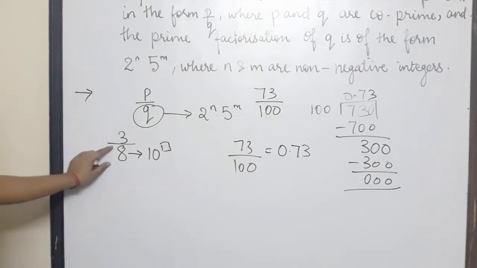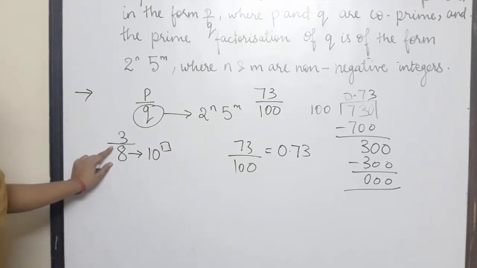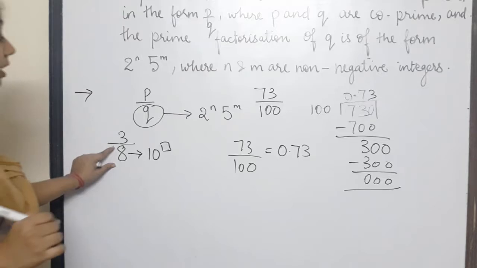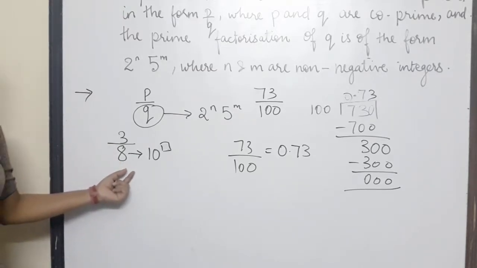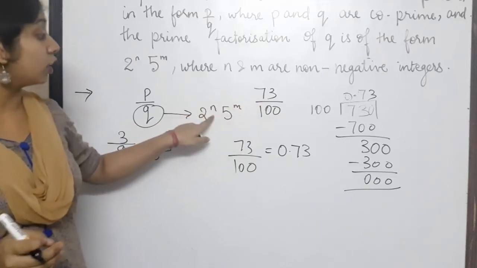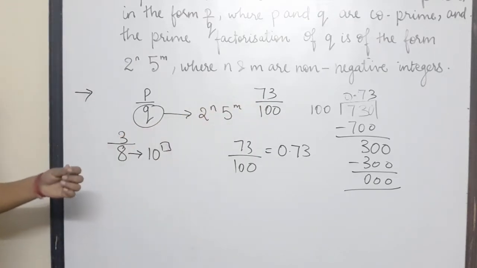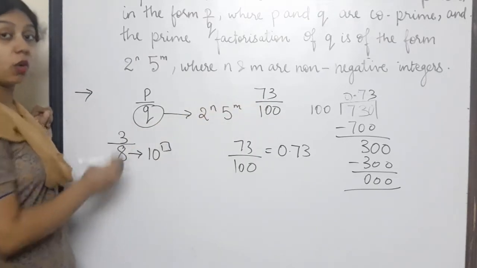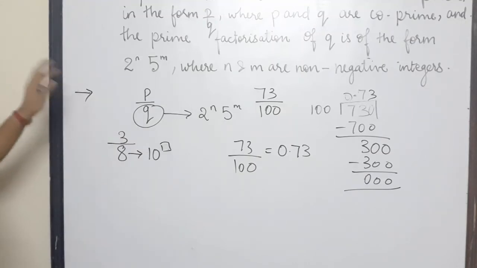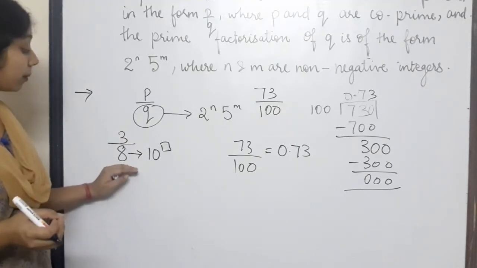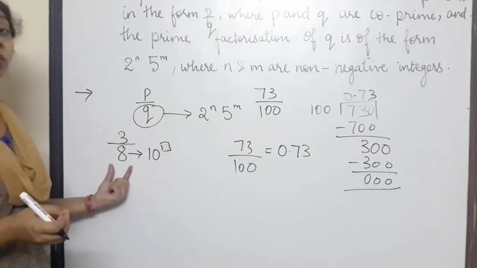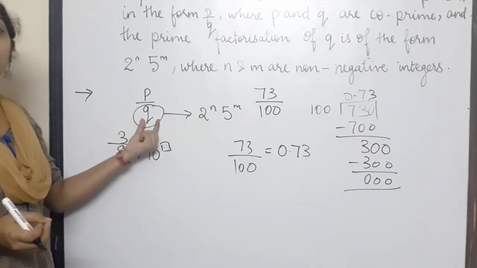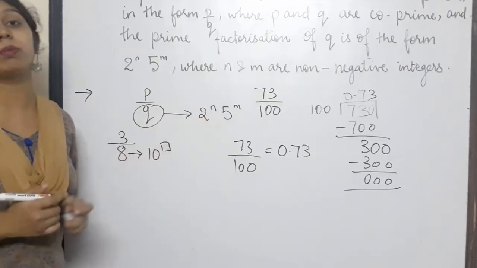Firstly, we will do the prime factorization of the denominator, and check whether this will come in the form of 2 to the power n into 5 to the power m, or it will just simply come as 2 to the power something, or simply 5 to the power something. And like that we have to multiply something over here and in the numerator as well, so that the denominator, that is the q, is in the form of 2 to the power n, 5 to the power m.